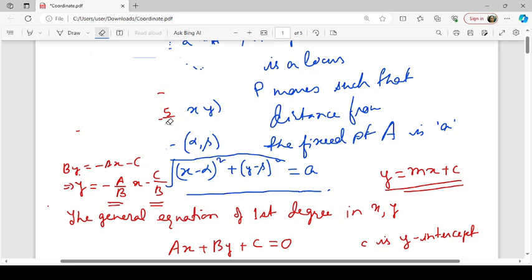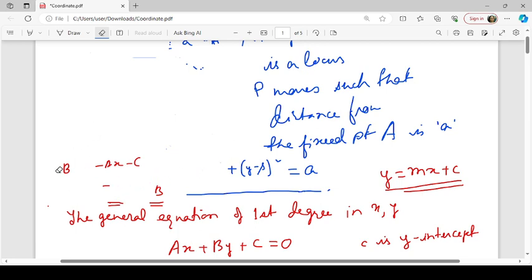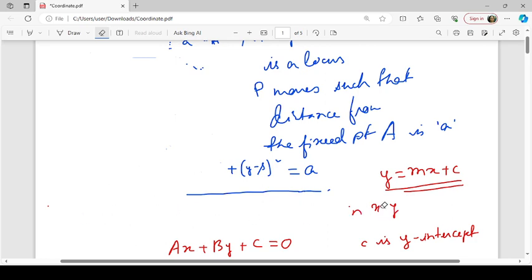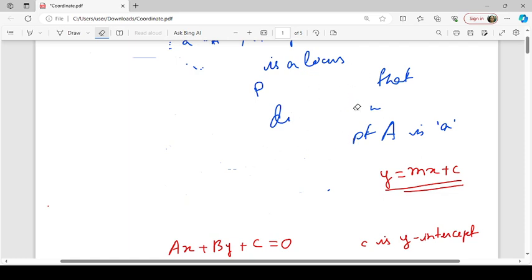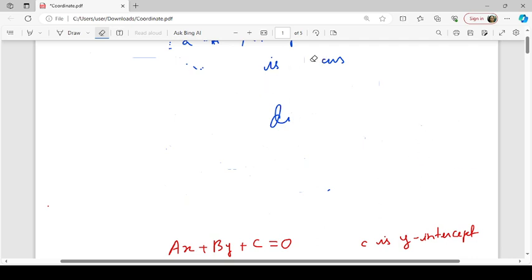So there are different forms of straight lines: intercept form, normal form, etc. The y-intercept of a line is what? It is the distance between the origin and the point of intersection of the line with the y-axis.